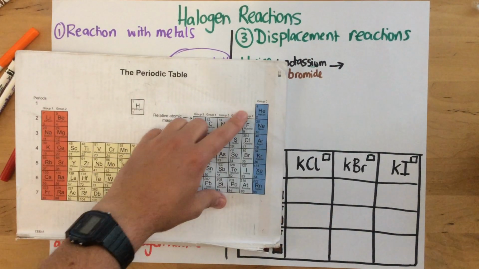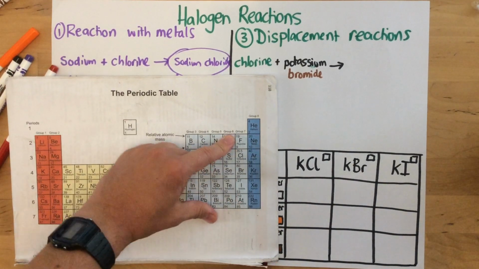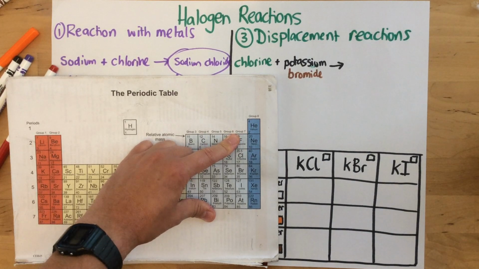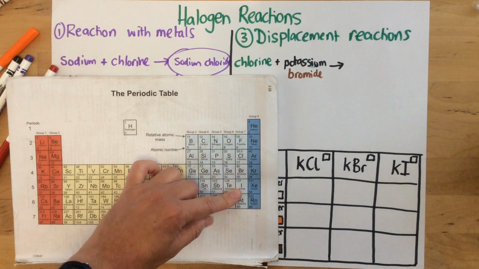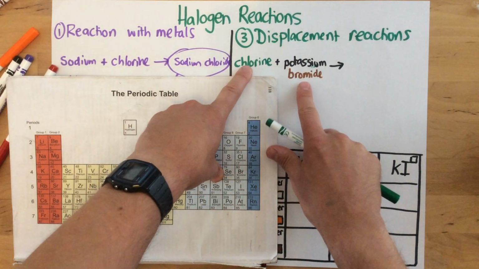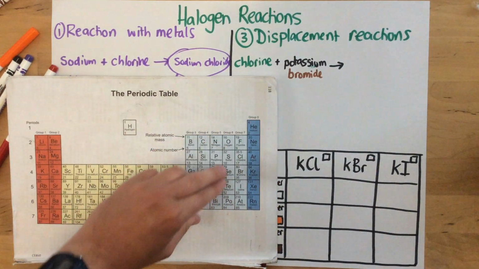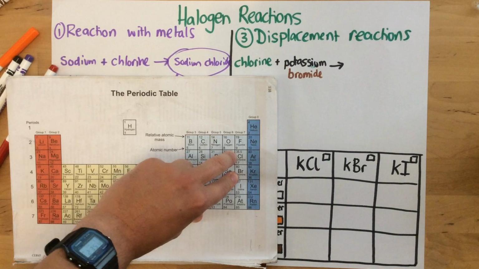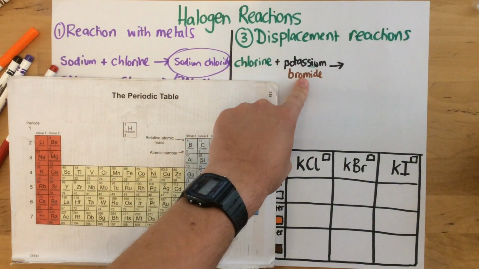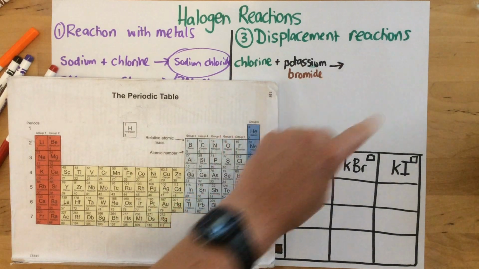If we look at our halogens, at the top you have your most reactive elements, and the further you go down the group, the less reactive they get. Looking at chlorine and bromine, chlorine is more reactive than bromine. Because chlorine started by itself, it will be able to replace the bromine.